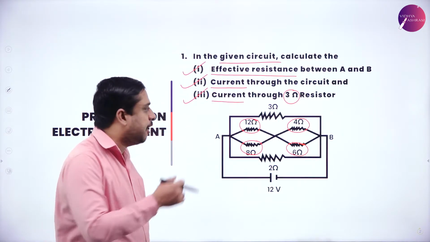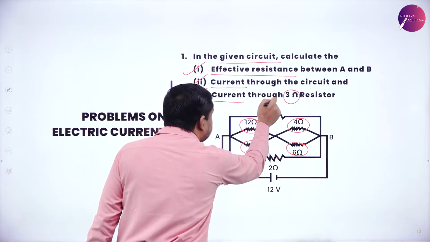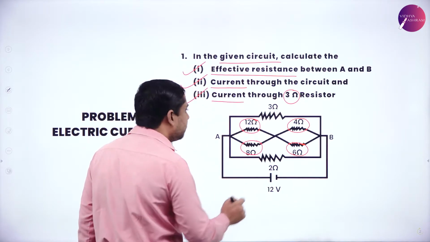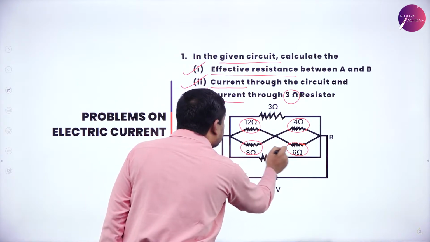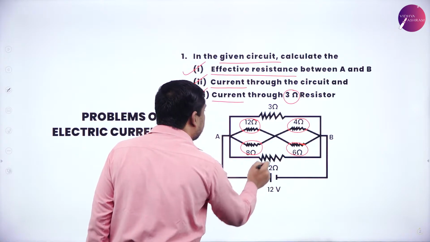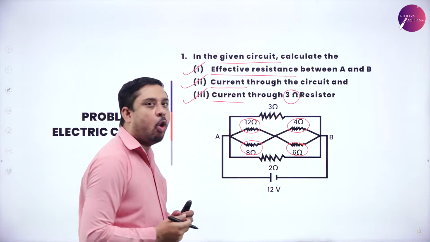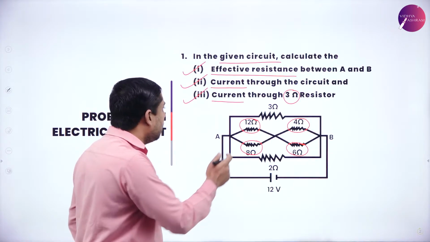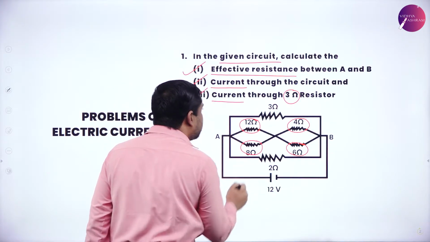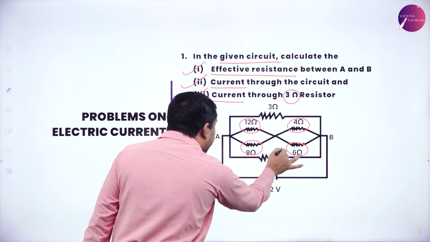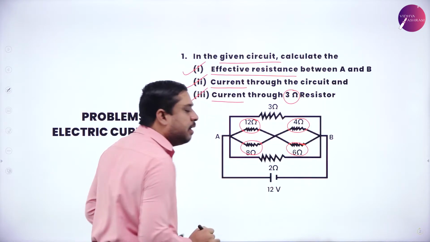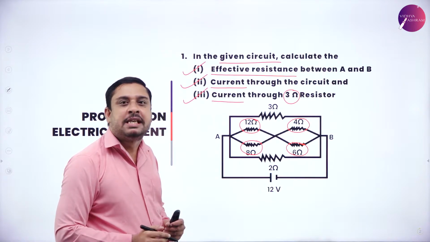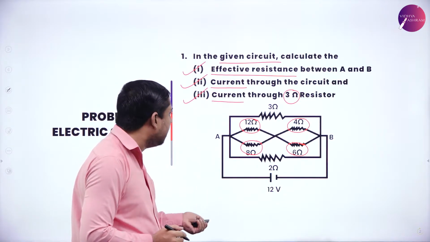Now if you observe, 3 ohms, the combination in between and 2 ohms are in parallel.